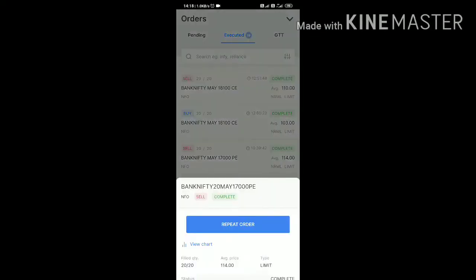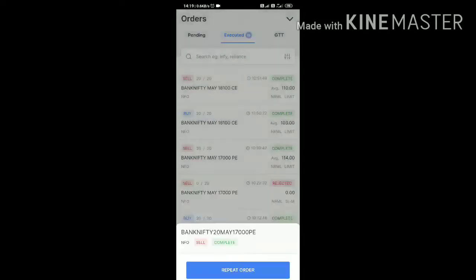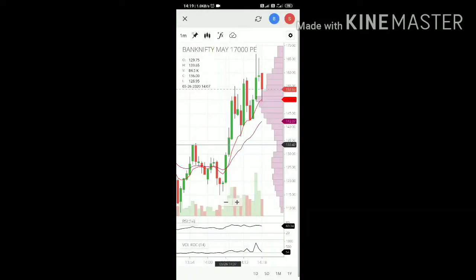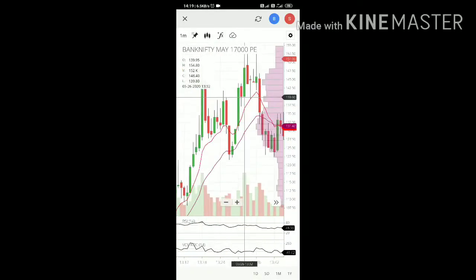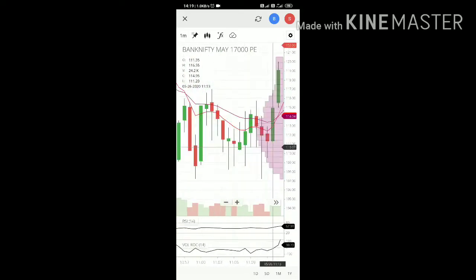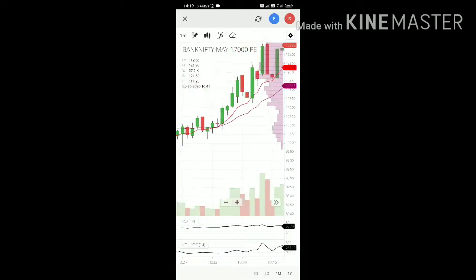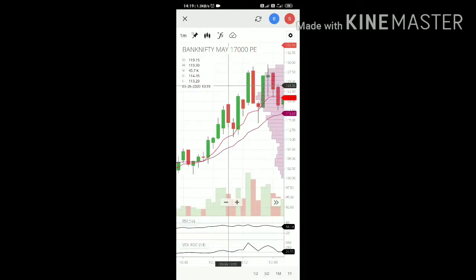You can clearly see within 1 minute. So here I will show you the previous trade. In the previous trade, you will see we exited around 114, but if I had waited for 1 or 2 minutes, maximum 2 to 3, you can see we bought here at 106, and after waiting we exited around here, so it is 114.